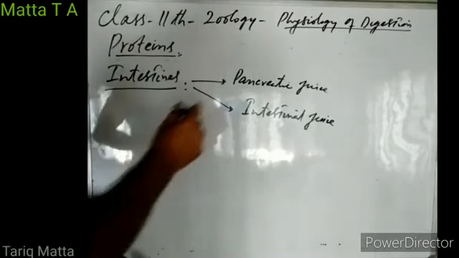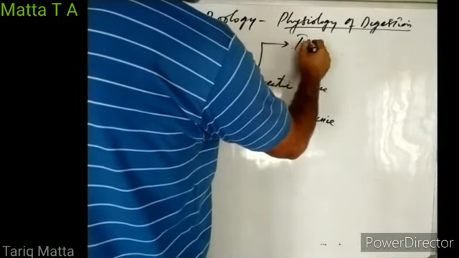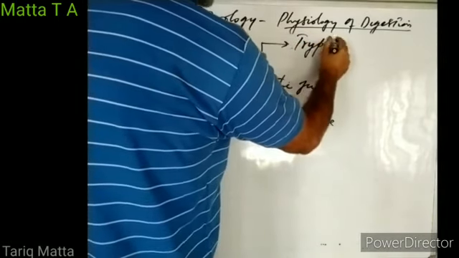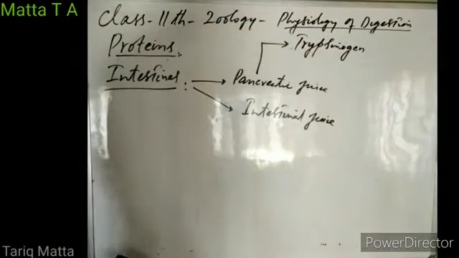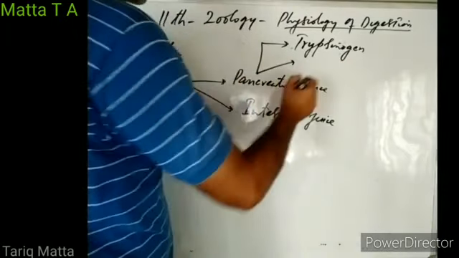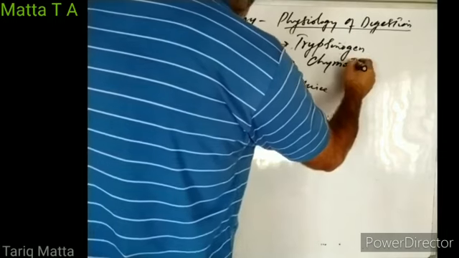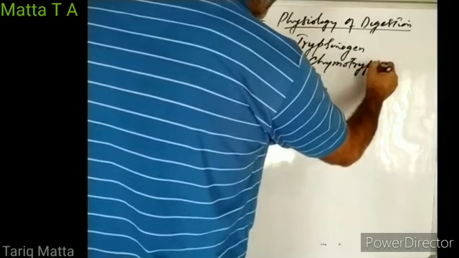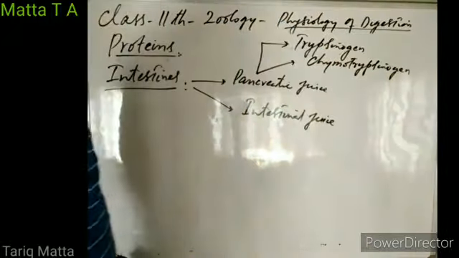For example, we have got trypsinogen. It is a protein digesting enzyme. We have got chymotrypsinogen. It is a protein digesting enzyme.